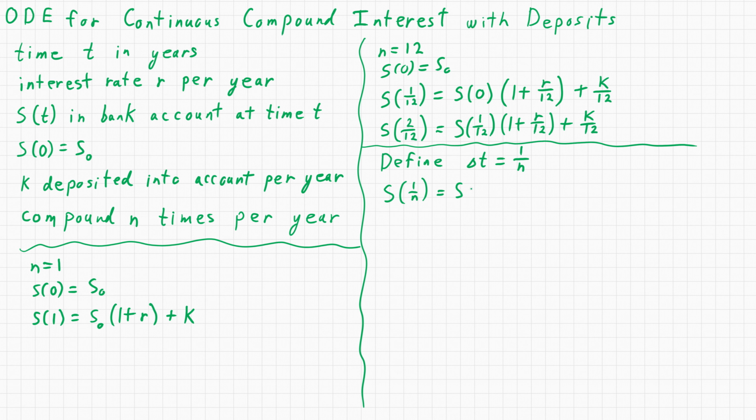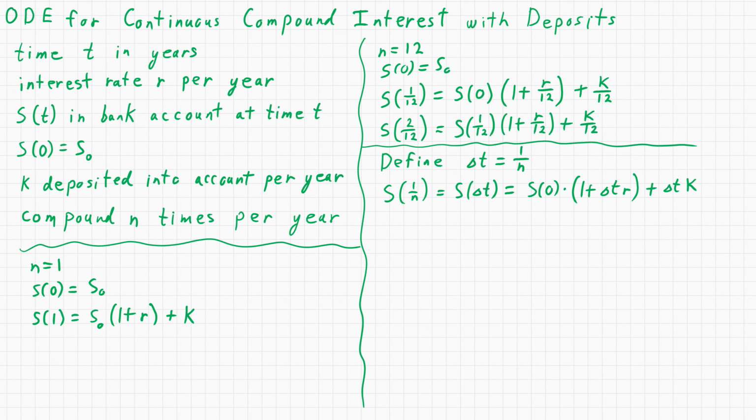And that's the same thing as S of delta t, right? That's going to equal S at time 0, like we had before, multiplied by 1 plus, here it was r over n, so it's like r times 1 over n. So instead we're going to have r times delta t. So delta t times r. Then plus, here we had K times 1 over n, so now it's K times delta t. So we have delta t K.